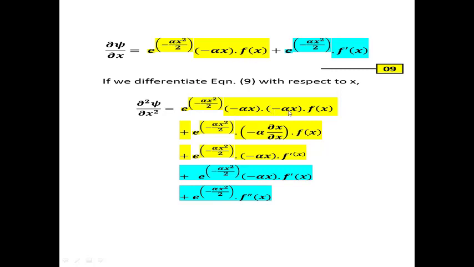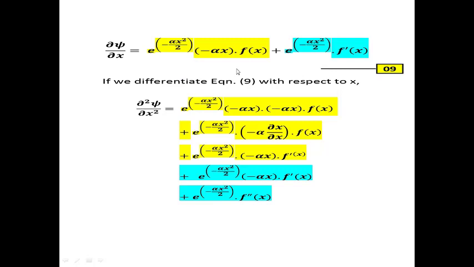I maintain the other two terms as they are, plus I maintain the first and third terms and partially differentiate the second term alone, minus alpha into dou x by dou x. Likewise, in the third term, e power minus alpha x squared by 2 and minus alpha x remain as they are, and if I differentiate f of x I get f prime of x. So these 3 parts came from the partial differentiation of the first term of dou psi by dou x.